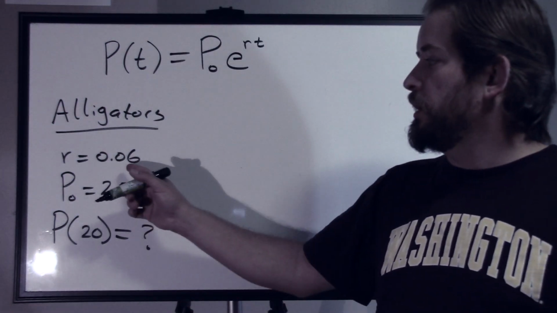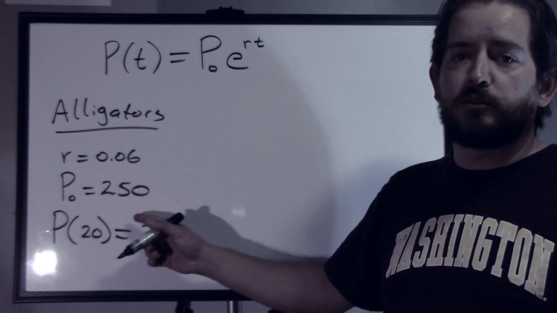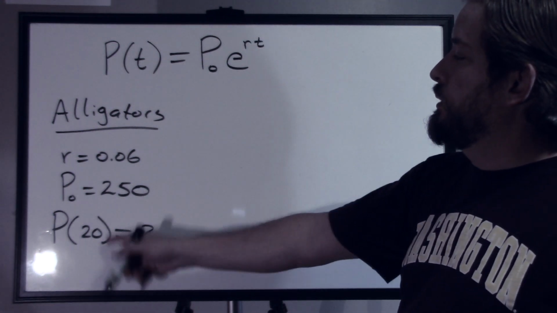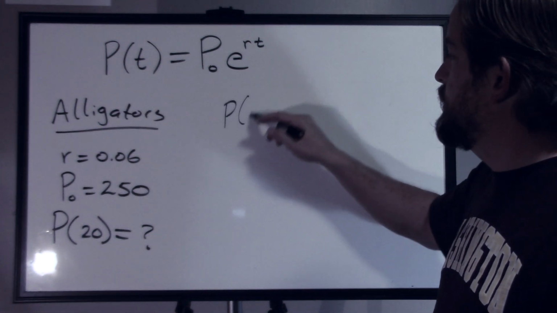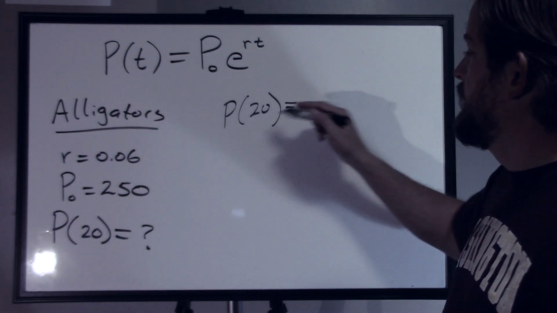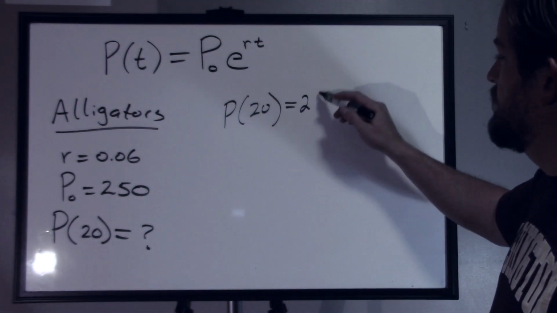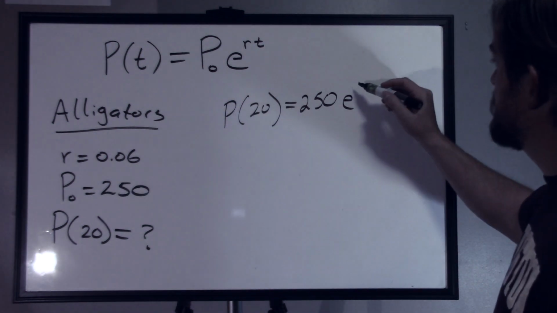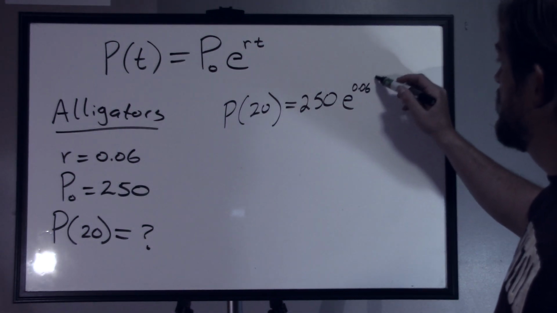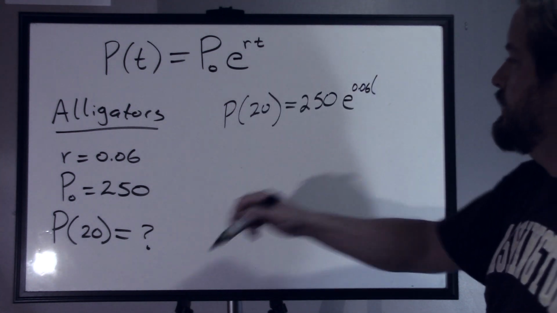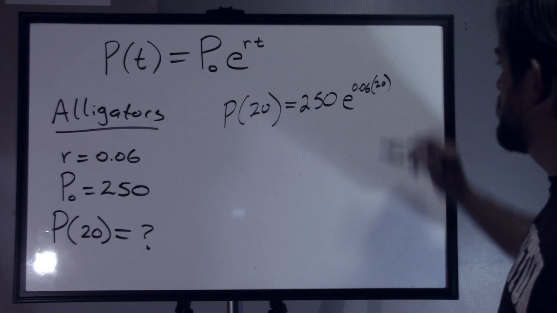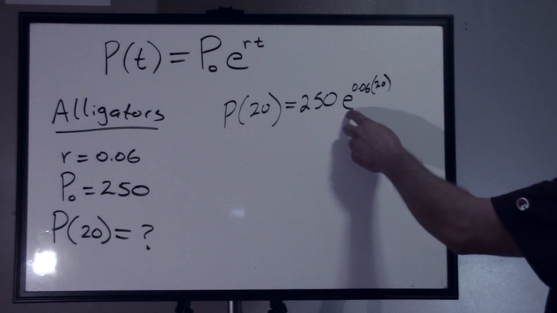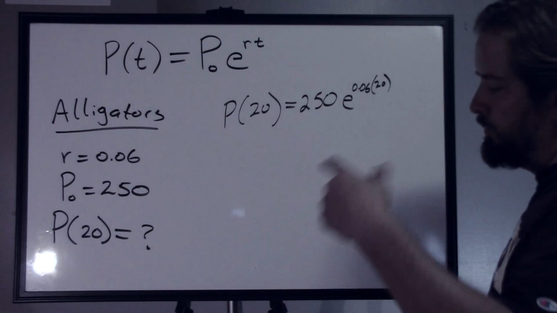So that's the question, find the population in 20 years. Given the fact that we know our growth rate is 0.06, we know that there were 250 to start. So that 250 is this P naught. What I really want to find is P20. So the population 20 years from now is that 250 multiplied by e to that r, which is 0.06, multiplied by t, that's 20 years. And this is obviously a calculator question because e is that 2.718 yada yada number.